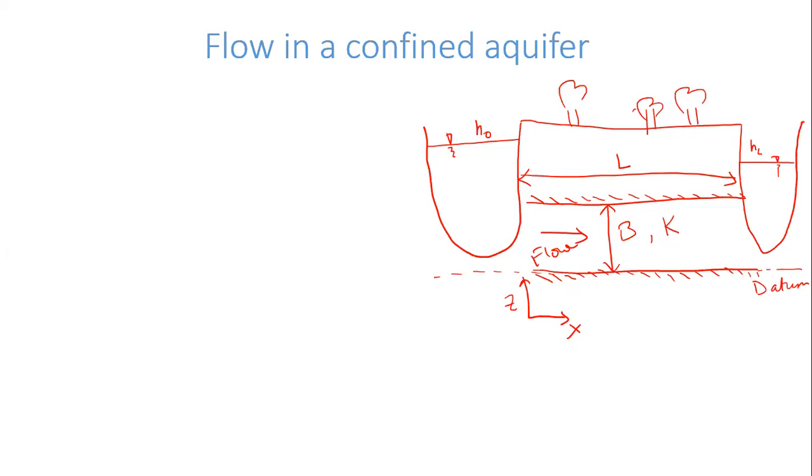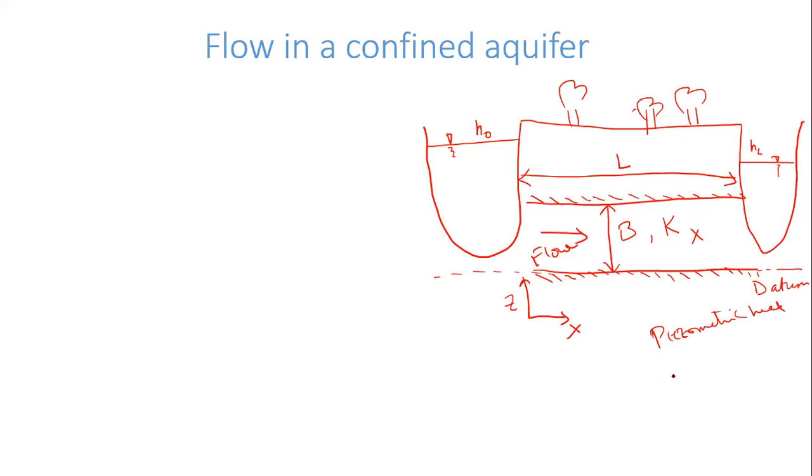That's one thing. The other thing I'm interested in is, let us say I'm at some point in the aquifer, at this point over here, and I ask: what is the piezometric head? You remember piezometric head, I mentioned this terminology before.